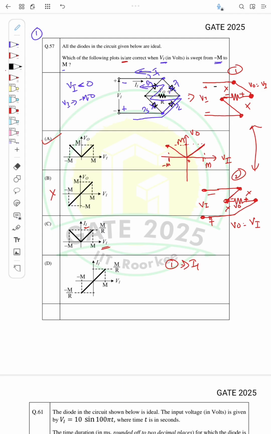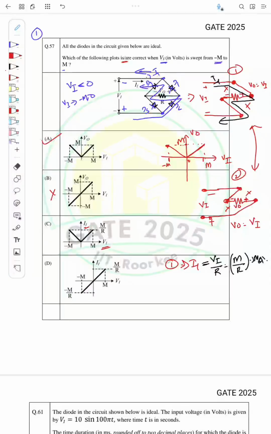So I1 is positive, and I1 is equal to Vi by the resistance R. The maximum value will be M by R, this will be the maximum current.